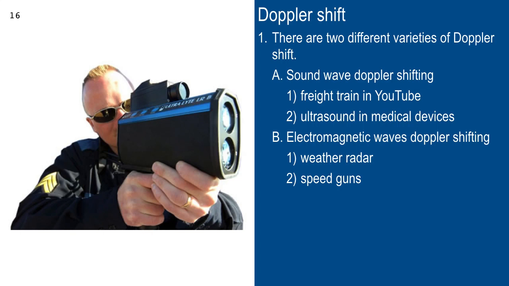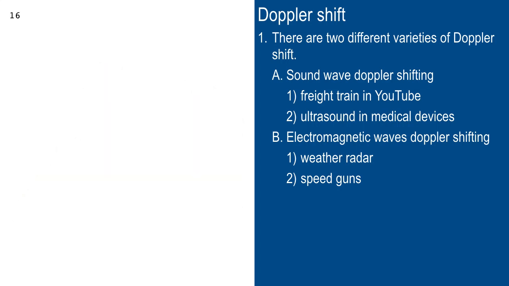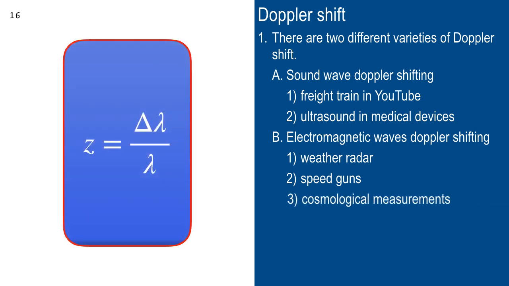But see, I use cruise control in my new vehicle now. So I hardly, no tickets for Dr. B. But now, I'm going to show you how Doppler shift works for these babies. But we also use it in a lot of other applications in physics.